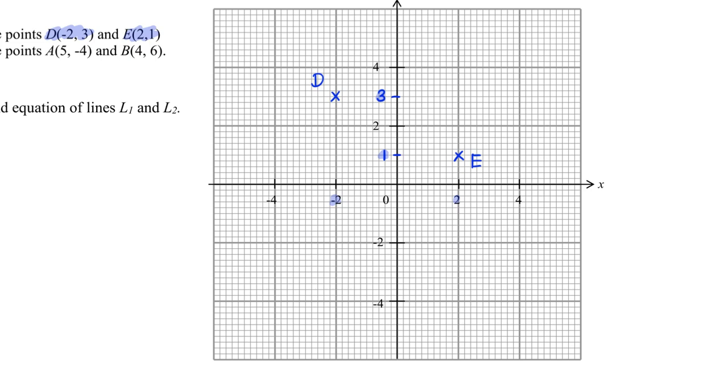And I could then use a ruler to join them. Okay, so that will be my L1. Let's label it L1.